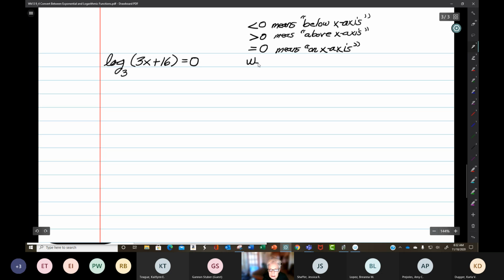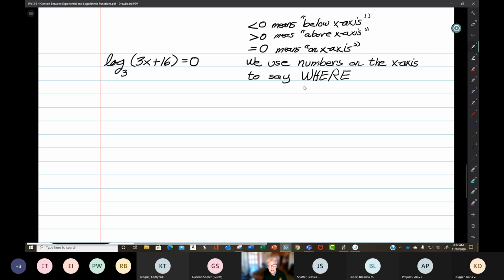We use numbers on the x-axis to say where the graph is doing something.